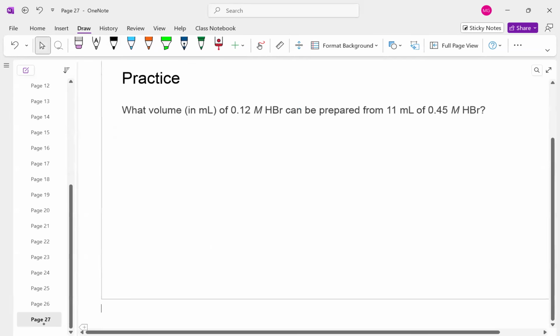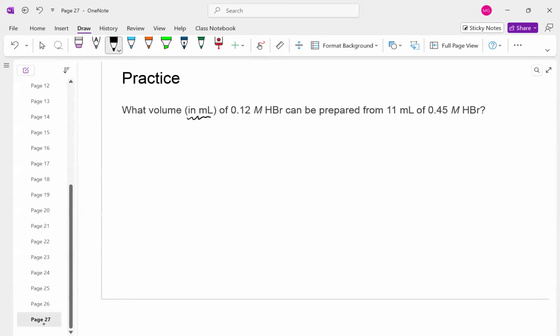All right, and then finally, what volume in milliliters of 0.12 molar HBr can be prepared from 11 milliliters of 0.45 molar HBr? Okay, so let's just try to identify what everything is here. First of all, what is our before solution? Like, what's the higher concentrated solution? Well, that's this one here.